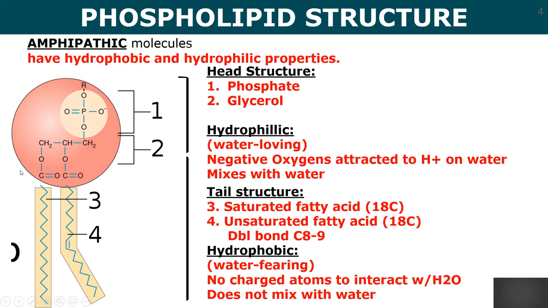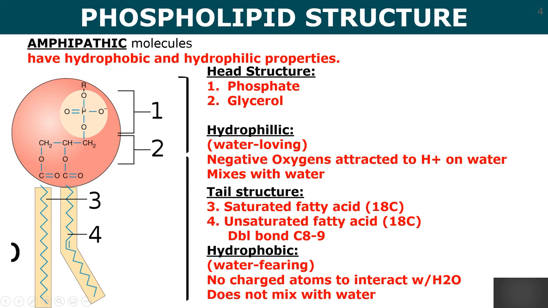So let's look more at the structure of the phospholipid. It comes in two main parts: the head and the tail. When we look more closely at the head structure, we see that it has two different parts. One is this phosphate, and the other is this glycerol, and together they make the head structure.